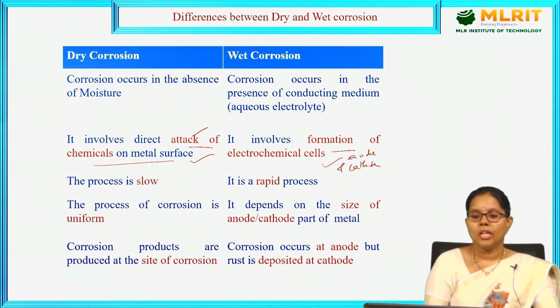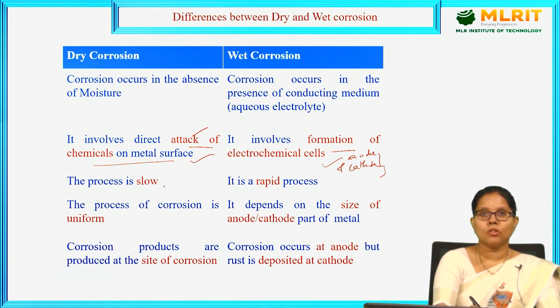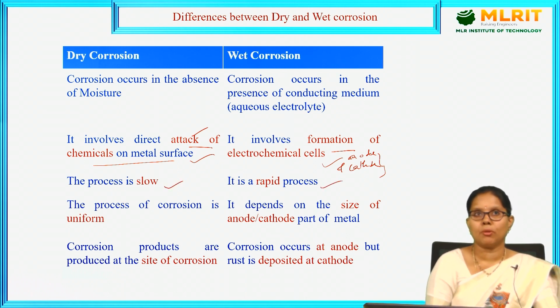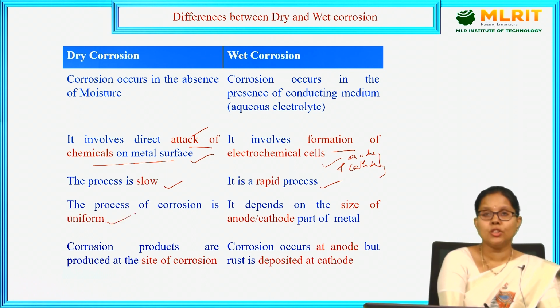In wet corrosion, it involves electrochemical cells, the development of anodic and cathodic regions because of the aqueous electrolyte solution or dilute acidic medium. The process is slow in dry corrosion because the corrosion is uniform, while it is a rapid process in wet corrosion.